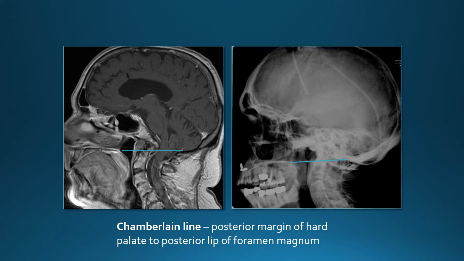Normally, the odontoid process is below Chamberlain's line, or just minimally above it. If the odontoid process goes significantly above Chamberlain's line, here it is here, then generally the patient has basilar invagination.